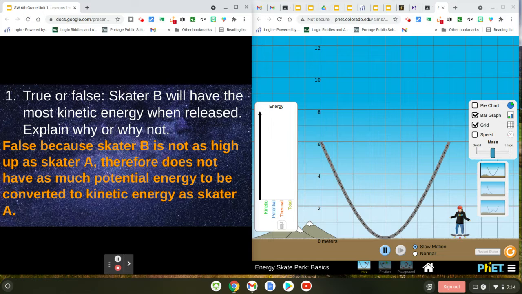Skater B does not have the most kinetic energy when released because skater B is not as high up as skater A. So when we start skater A here, notice the kinetic energy.